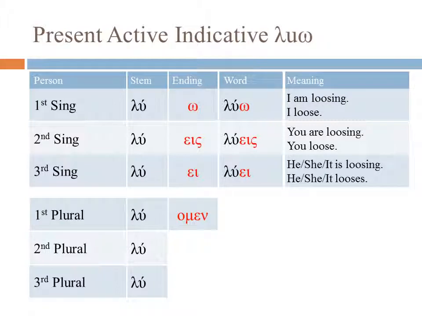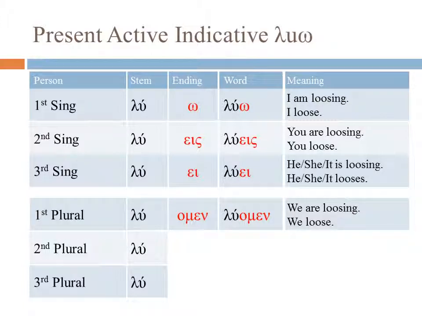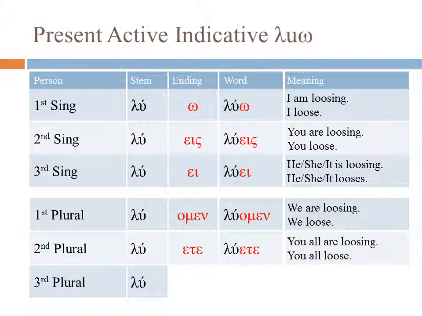omen, which is the first person plural ending, we, and you get luomen, which means we are loosing, or undefined is we loose. Second person plural, y'all, is lu plus its ending, ete, and we get luete, which means you all are loosing, you all loose.